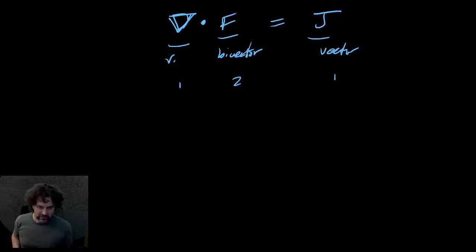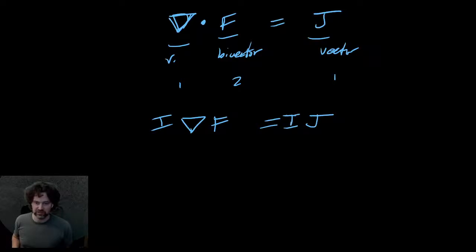The way we can do this, a little bit sneaky, is we start back at grad F = J. Now we multiply everything through by the pseudoscalar. This is a duality transformation. Remember, in differential forms we have a duality transformation that we represent as star A. If A is, let's say, a one-form, then star A might be an n minus one form.